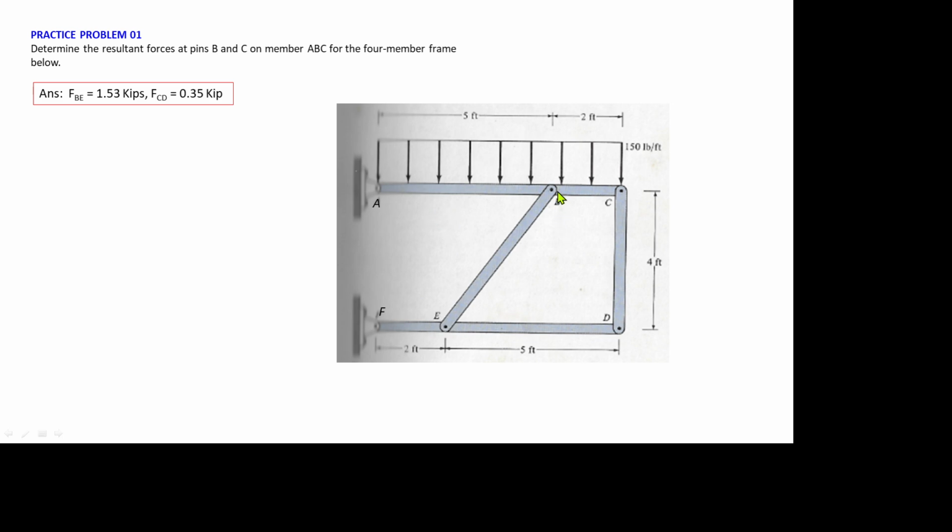I will just leave that problem to you guys to solve, and maybe you can confirm your answer. We have the answer here. BE is 1.53 kips, and CD, the reaction at this point, is 0.35 kips.